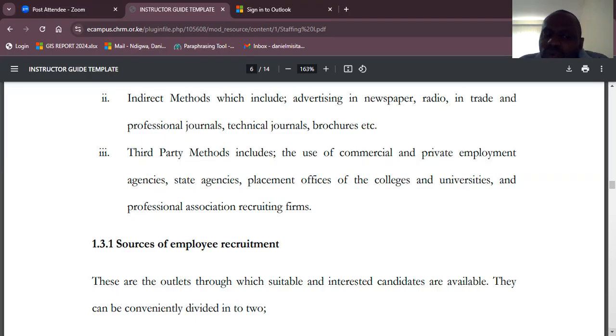Which agency do you know that works for the government? State agency? Yes, Rosalind? Any state agency that helps in recruiting government officials? Yes? I can guess public service. Public service is an institution of government. An agent works on behalf. But that was a good trial.